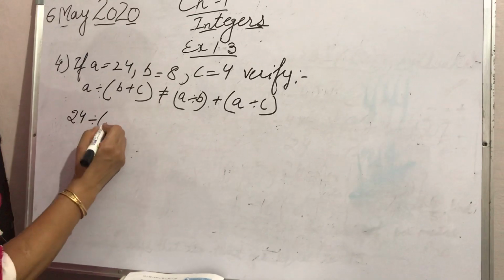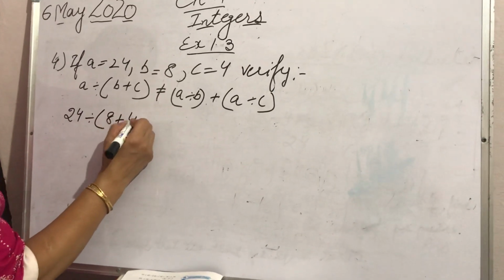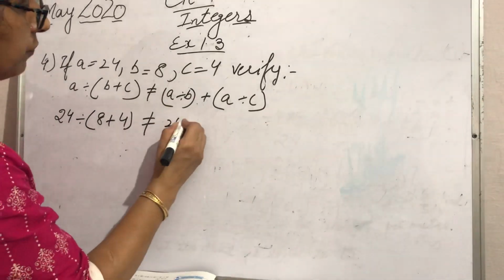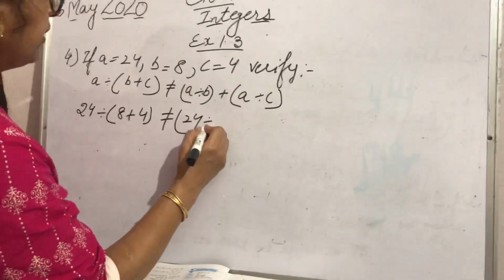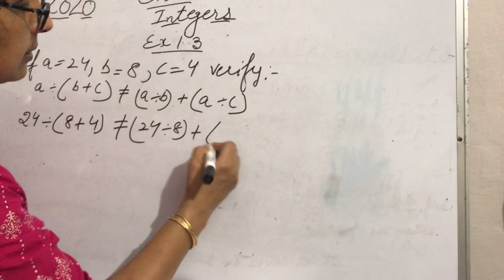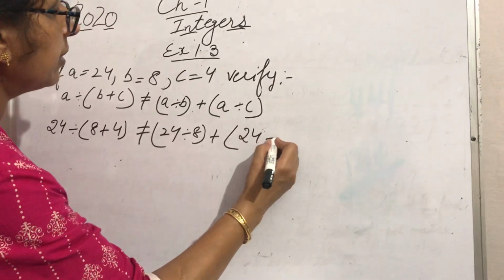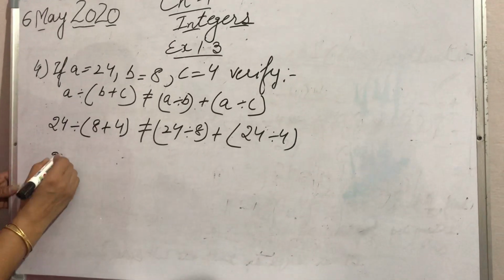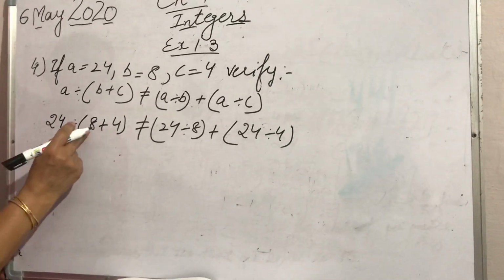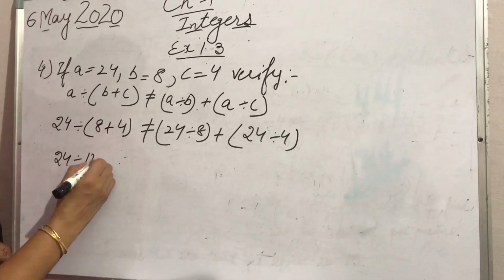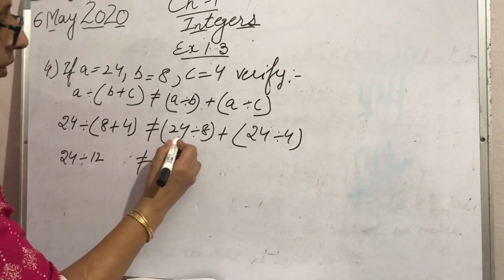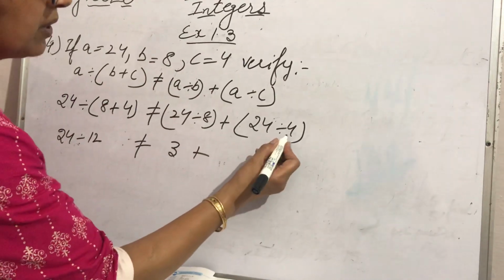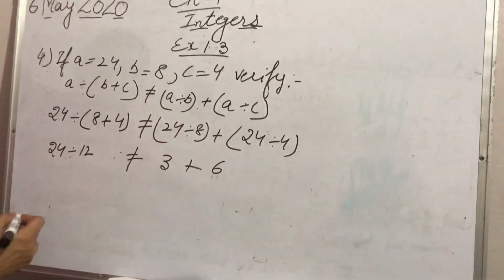24 divided by b 8 plus c 4, not equal to a 24 divided by 8 plus again 24 divided by 4. Now solve it. 24 divided by 8 plus 4 is 12, not equal to 24 divided by 8, it will be 3, plus 4 sixes are 24.